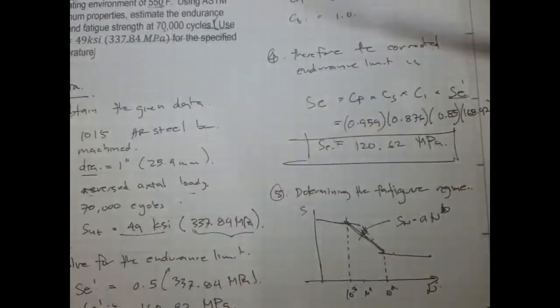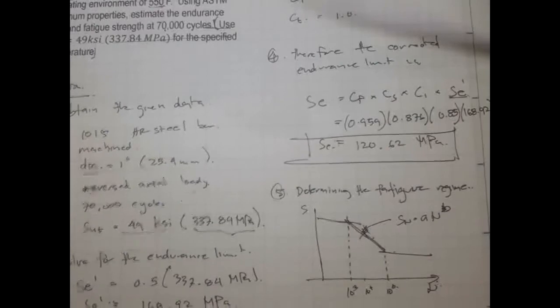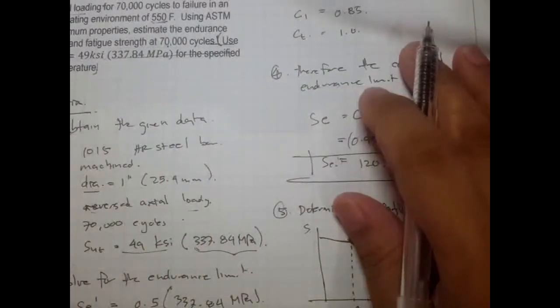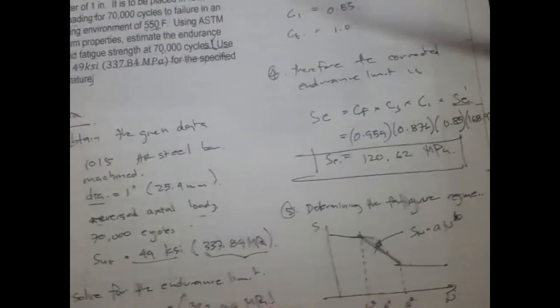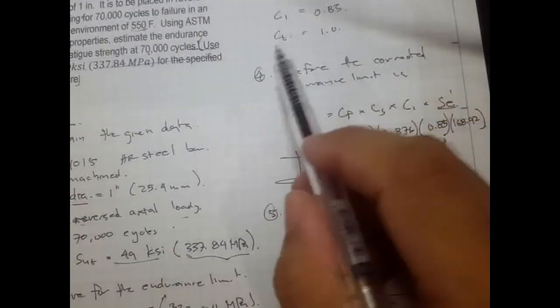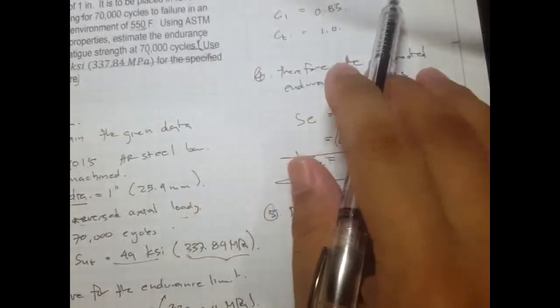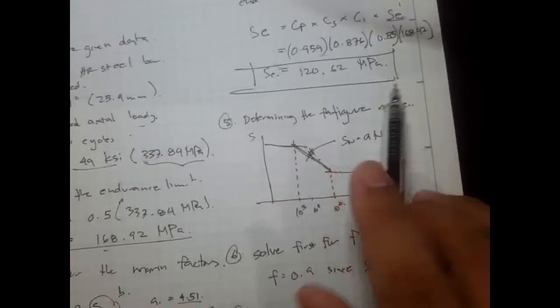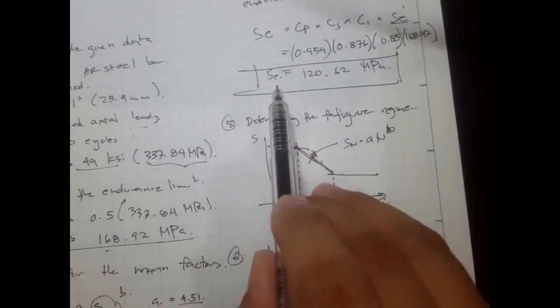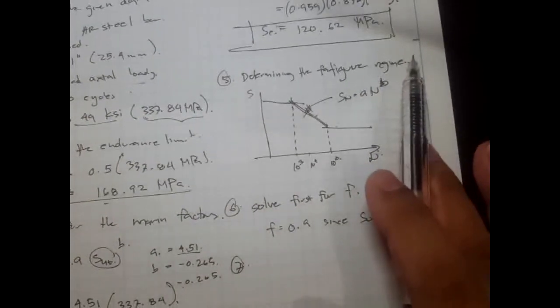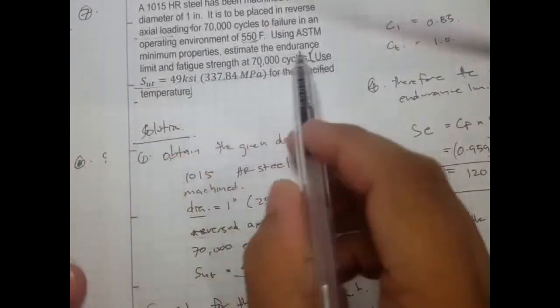By the way, there's also another factor, the reliability factor, C sub R. We didn't solve it here, but you can go through the textbooks if you also want to take that into account. Once we have this corrected endurance limit, we can proceed to our problem of finding the fatigue strength at 70,000 cycles.